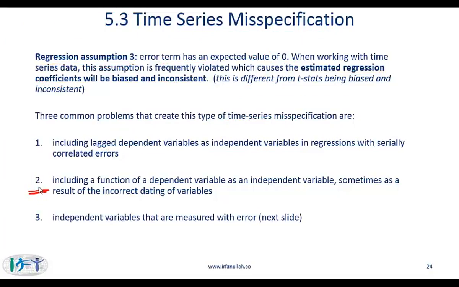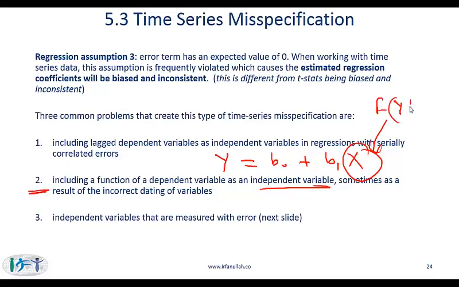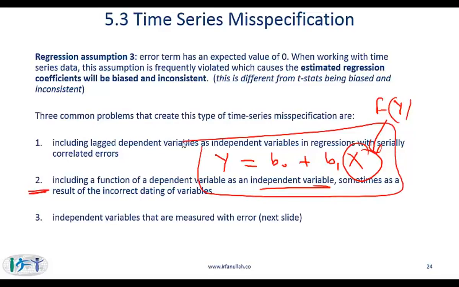Let's look at the second one now. Including a function of a dependent variable as an independent variable, sometimes as a result of the incorrect dating of variables. So here's what's going on. If you have y equal to b0 plus b1x, and it turns out that x is actually a function of y, so somehow x depends on y, will there be a statistically significant relationship as far as your regression software is concerned?